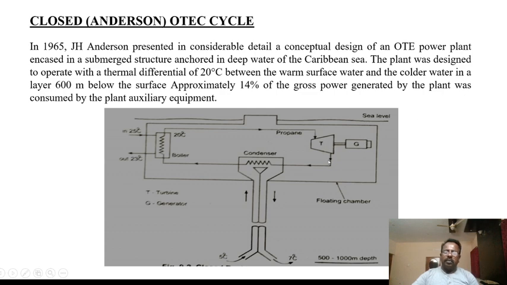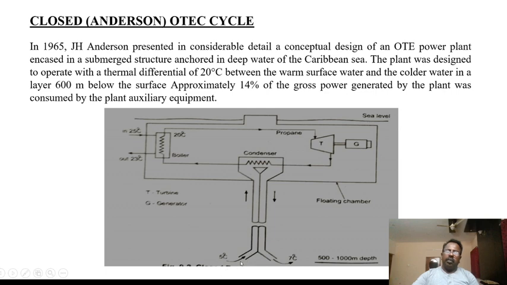Now let us come to the expanded vapor. This expanded vapor will be transferred to the condenser. The function of the condenser is to convert the saturated vapor into liquid.